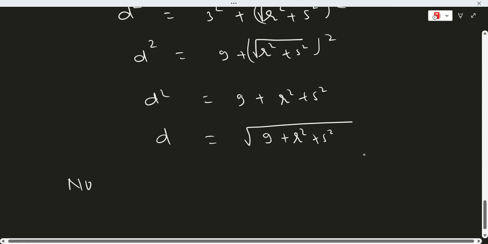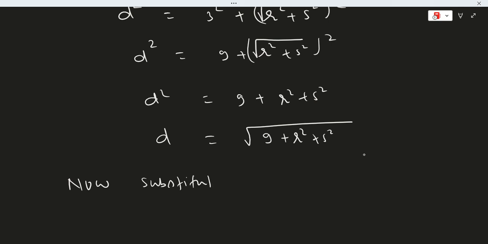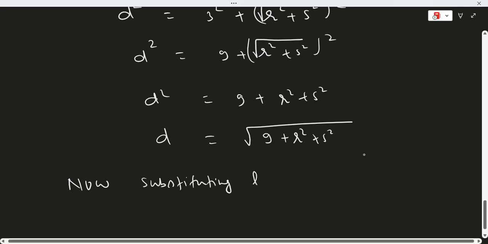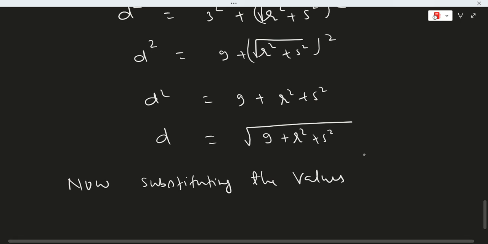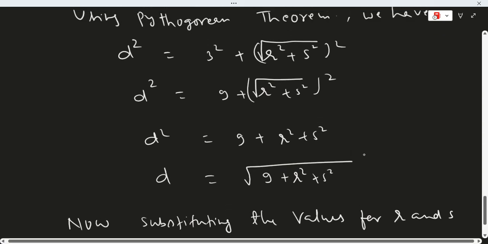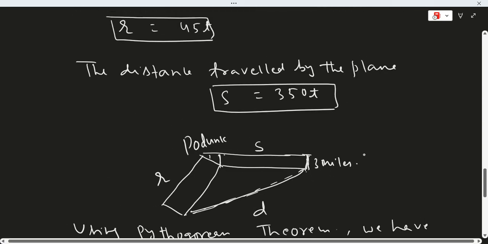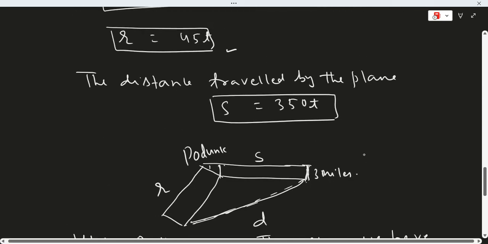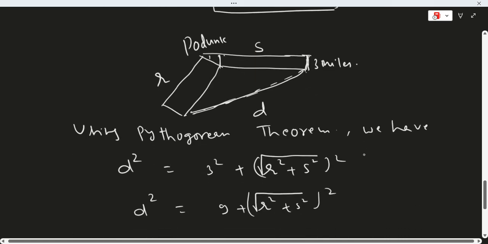Now substituting the values for r and s. r is a function of t, r is 45 times t, and s is 350 times t.